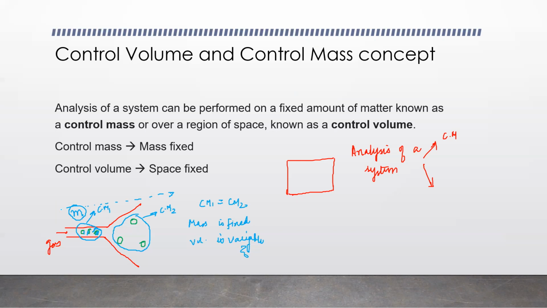Clear? However, we rarely use this control mass approach because it's quite impractical. It's not possible to track a set of molecules. That is why the more commonly used approach for our calculations is a control volume approach.